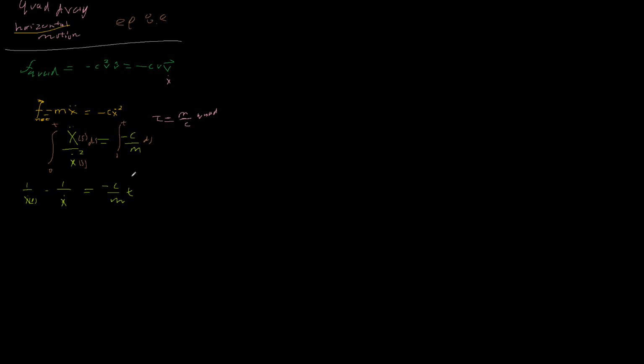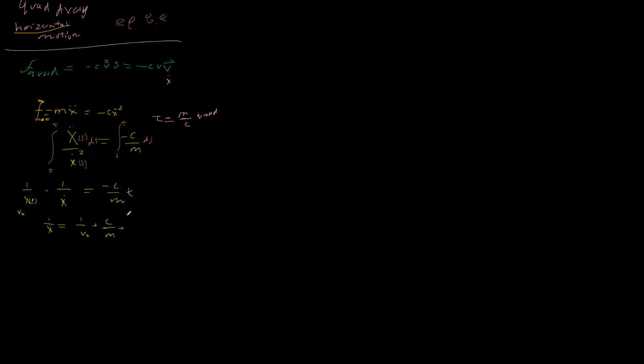So after we do that, we can move sides around. I'm going to call this v naught. So we want to move stuff around. We get 1 over x dot is equal to 1 over v naught, so we move this to the side, plus c over m times time.